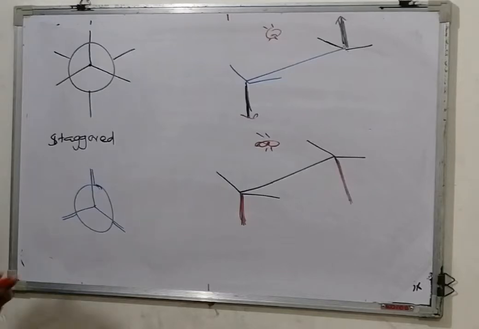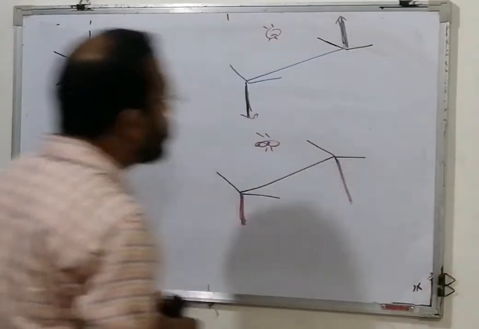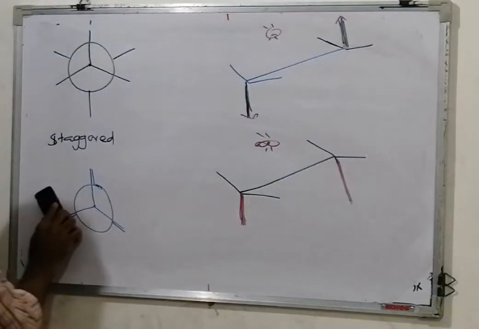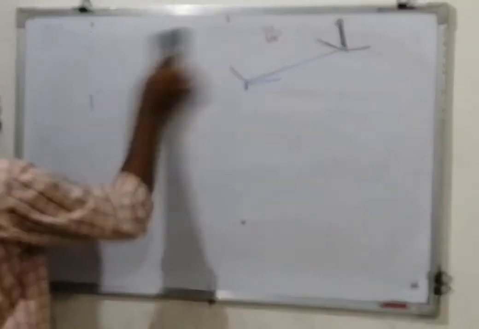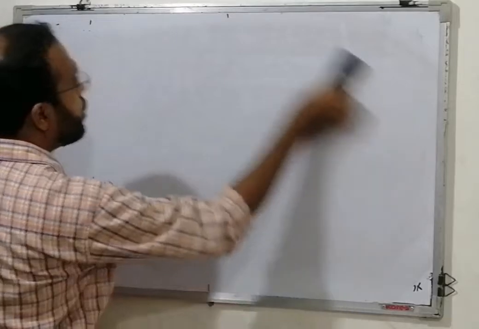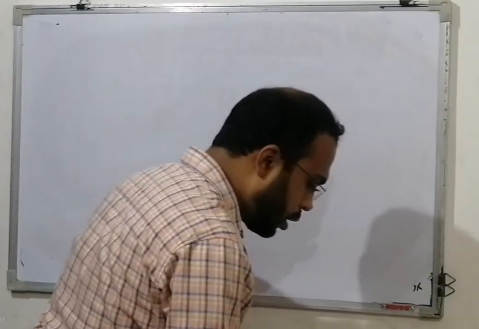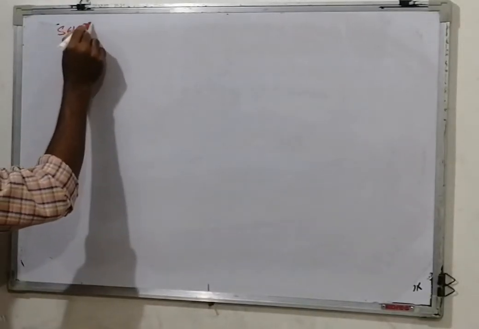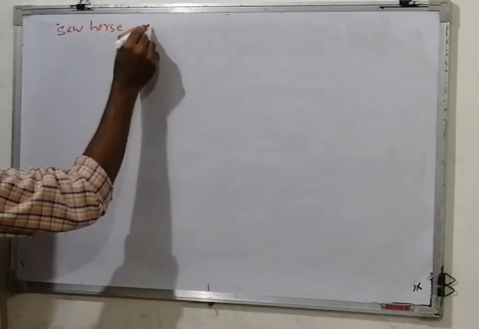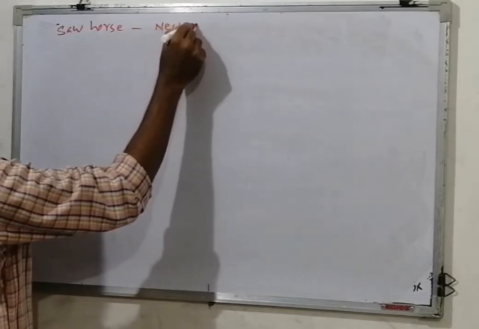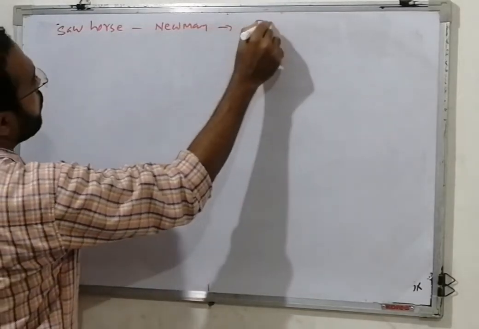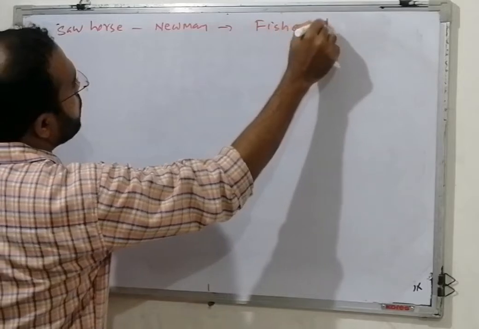Fine. Now, how to convert Newman and Sawhorse to Fischer projection? That's very, very important. How to convert Newman and Sawhorse into Fischer projection?